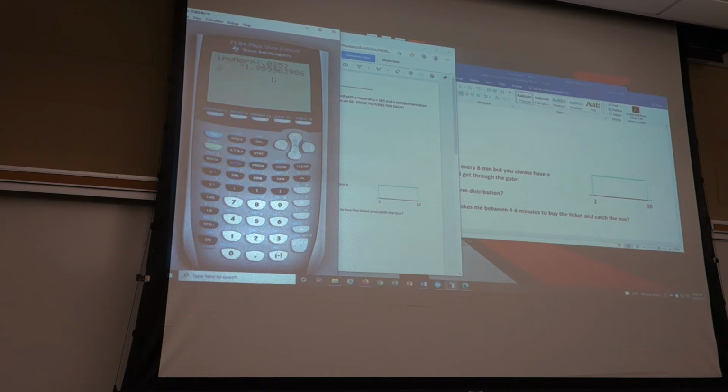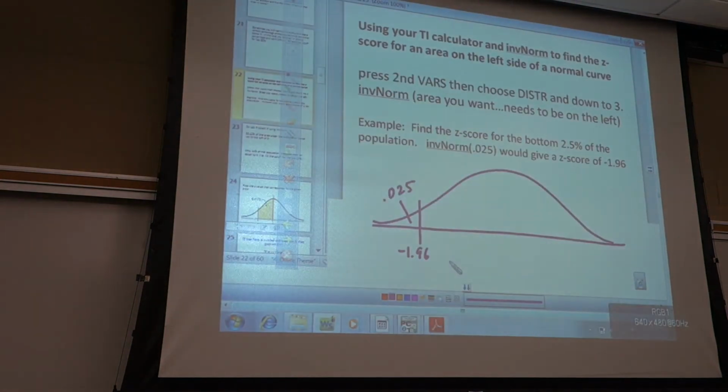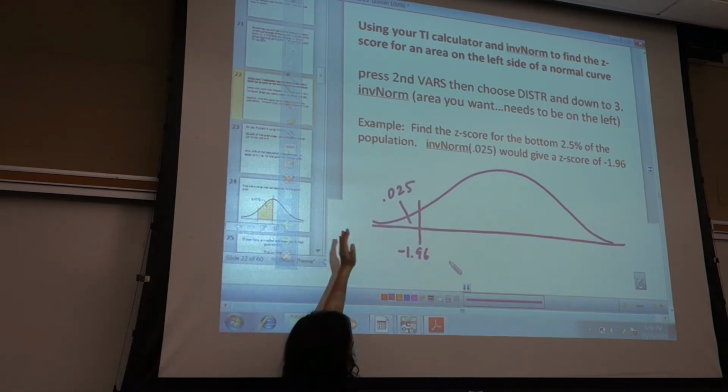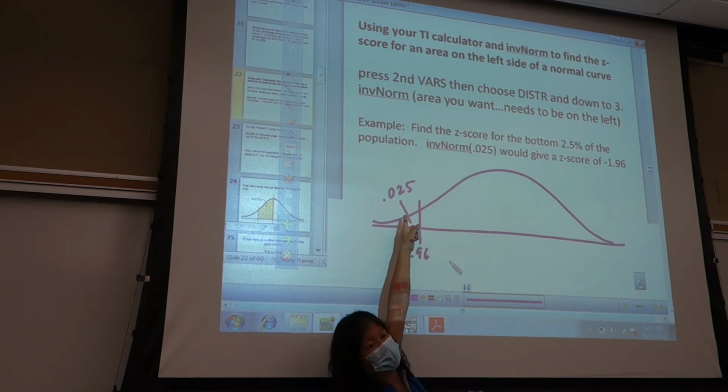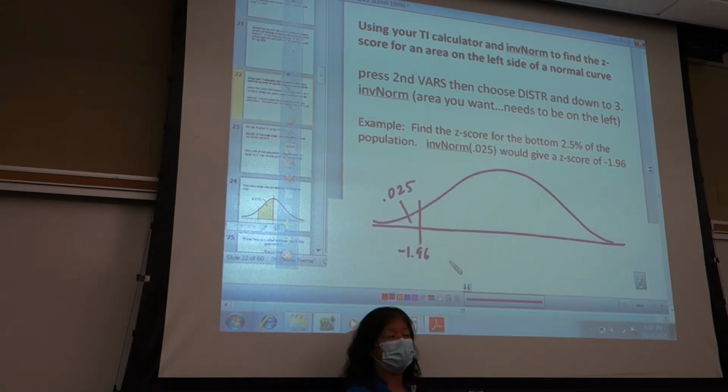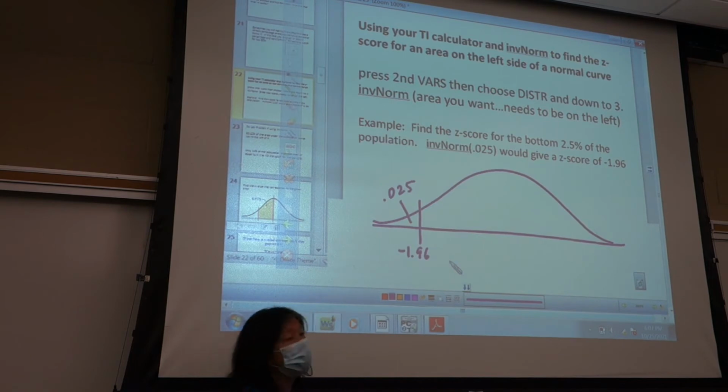Now, here's the thing. If I were to reverse this and do normal CDF of negative infinity, comma negative 1.96, I'll get back my area 0.025 because they're inverses of each other, right? Okay.